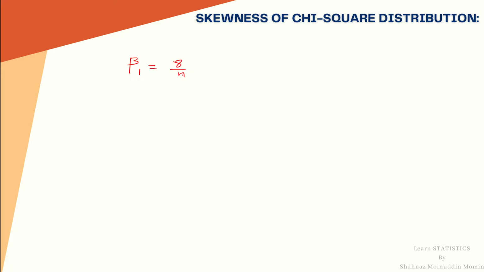We know that n is the degrees of freedom, which is a positive number. Hence, 8 by n is positive. Similarly, gamma 1 is equal to under root beta 1, which is equal to under root 8 by n, that is equal to 2 under root 2 by n, which is greater than 0.